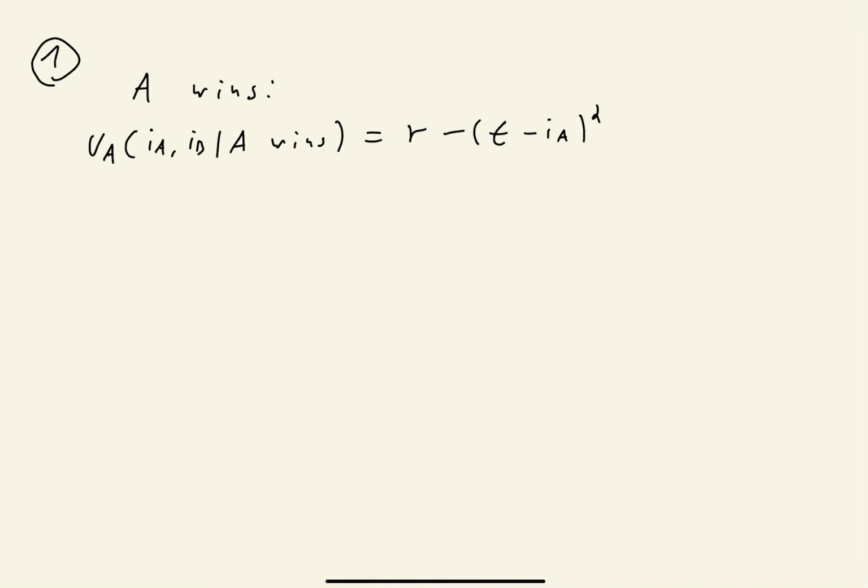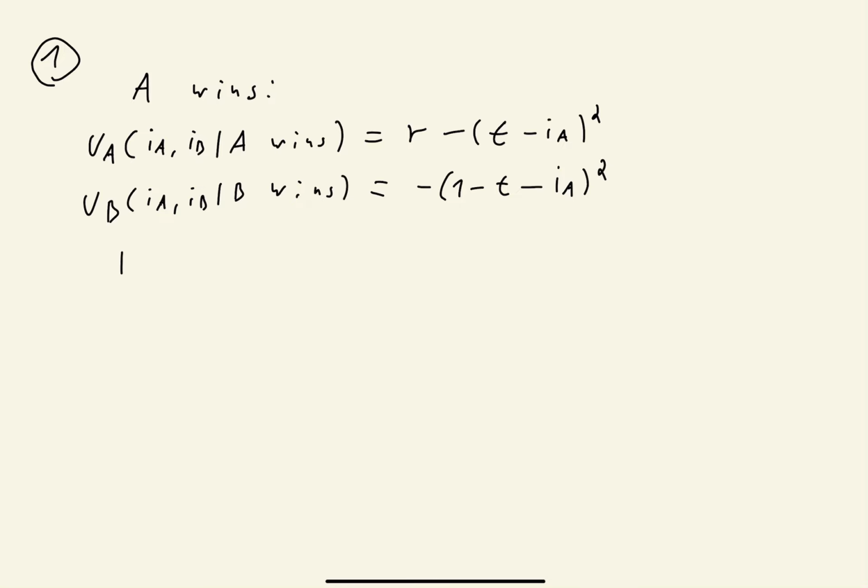The utility of candidate B, which also depends on the chosen ideologies, is simply minus the distance of the true ideology of candidate B, which is 1 minus T, to the chosen ideology by A, IA, to the power of 2.